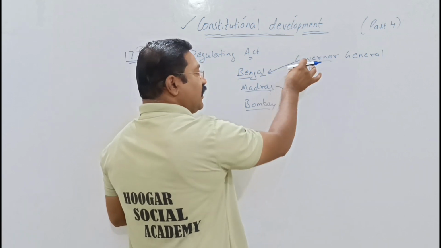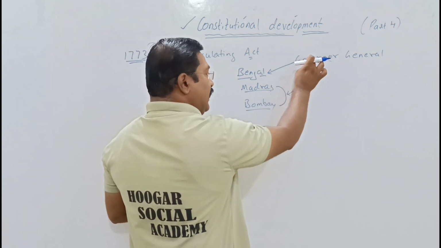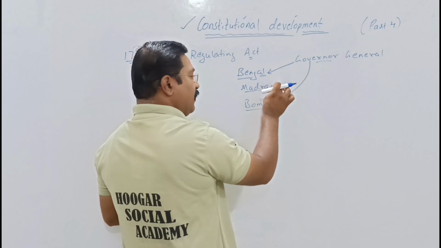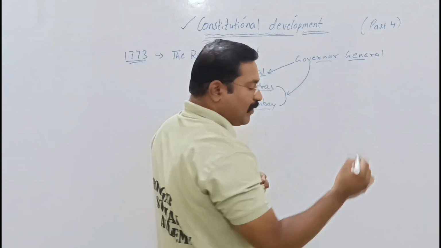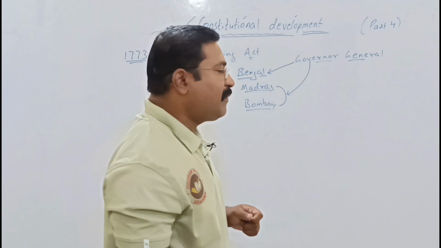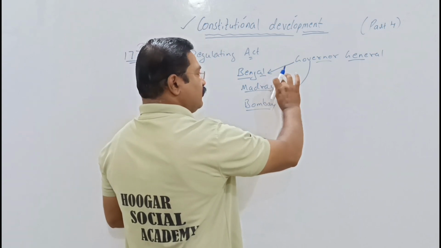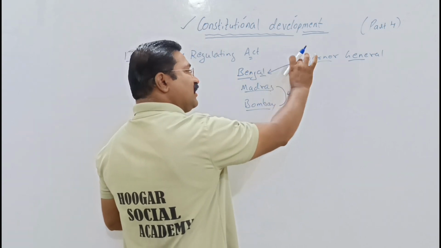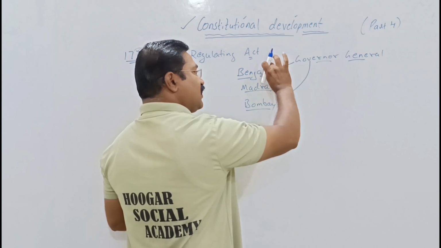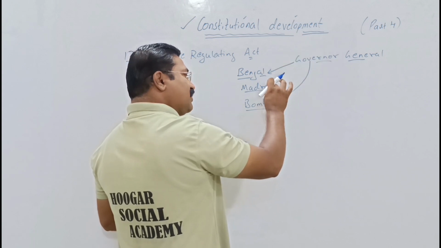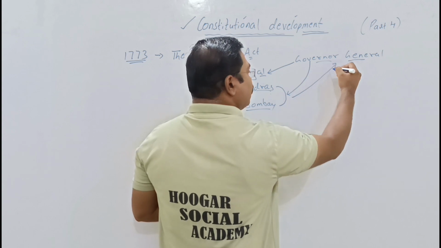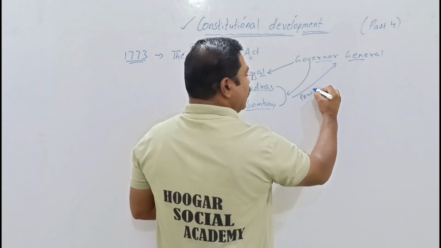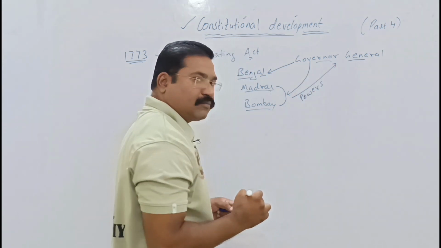As soon as this authority went into his hands, he became the boss of Madras, Bombay as well as Bengal. So he is called the Governor General of Bengal. All the powers of Madras and Bombay also fell into the hands of the Governor General.